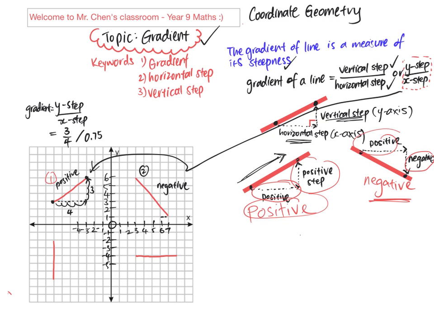Horizontal going that way, it is -4, because going over 4 times: 1, 2, 3, 4. So -4. And going up, how many times? 1, 2, 3, 4, 5. Going up 5 times.